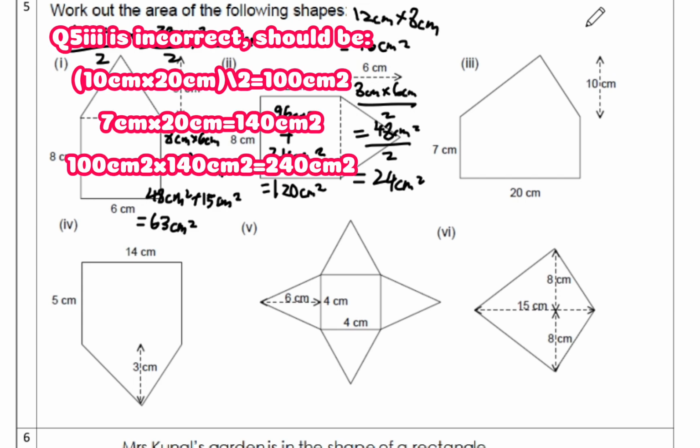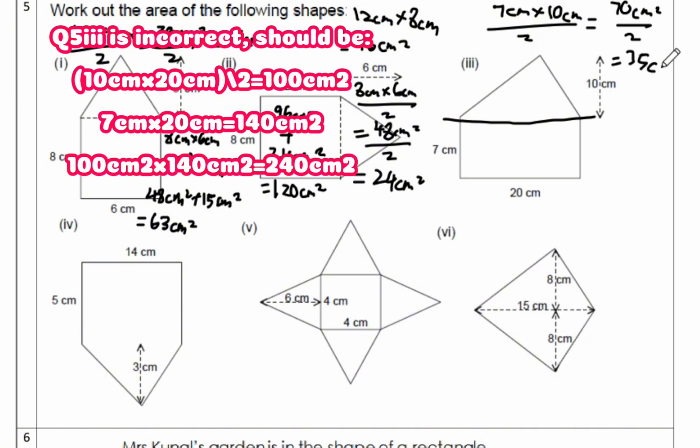So for the third shape, we can just cut it like this, and we will take 7 cm multiplied with 10 cm divided by 2, we will get 70 cm square over 2, which is 35 cm square.